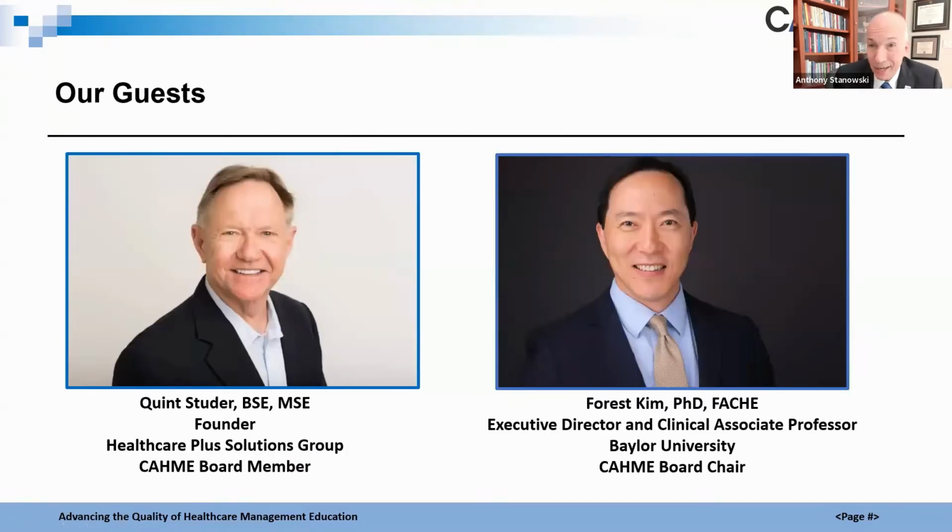Two speakers today: Quint Studer, the founder of Healthcare Plus Solutions Group, and Forrest Kim, the executive director and clinical associate professor at Baylor. I've got two really long bios for both of them, but let me just say this.